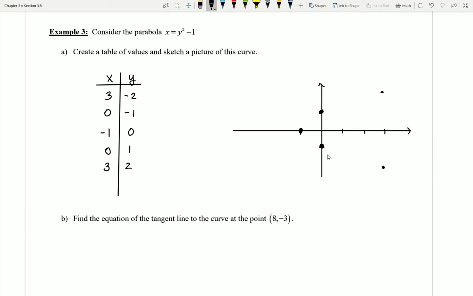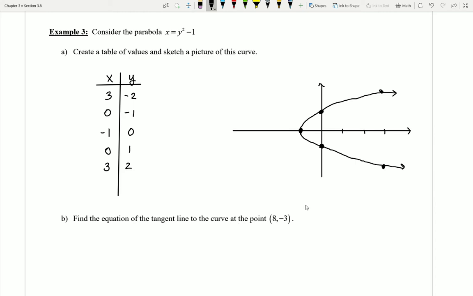Well, yeah, I actually have a sideways parabola forming here, and you can see it starting to shape up. Now, this probably isn't too terribly surprising because many of you probably noticed right away, hey, if this was y equals x squared minus 1, this would have been a parabola. So the fact that it's y squared minus 1 just means that this is going to be a parabola that opens in a sideways direction as opposed to up or down.